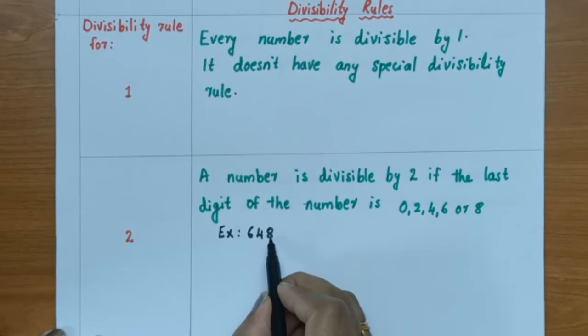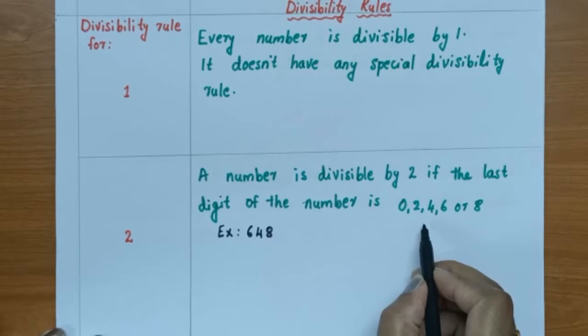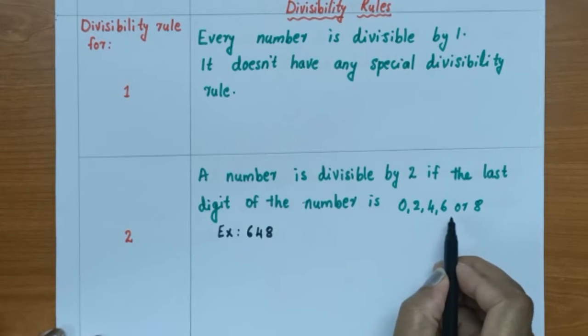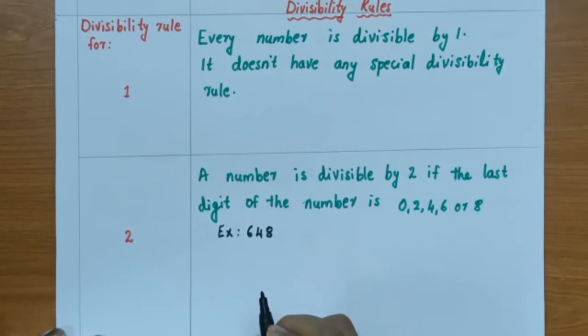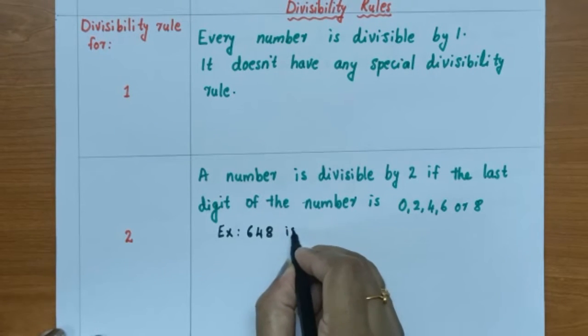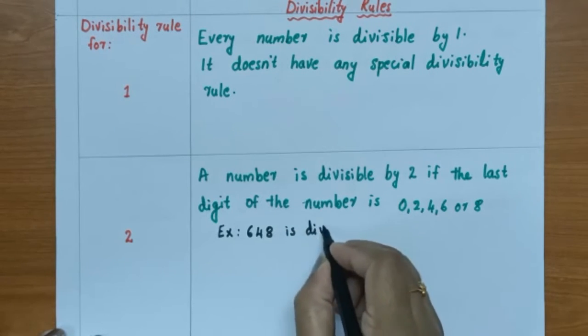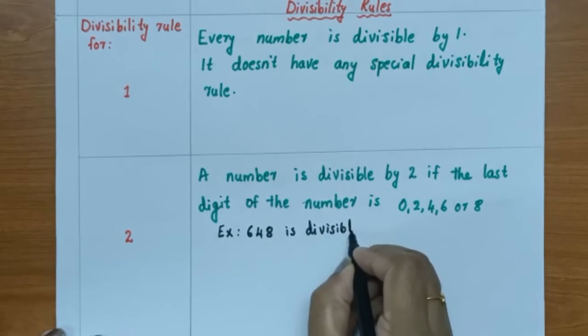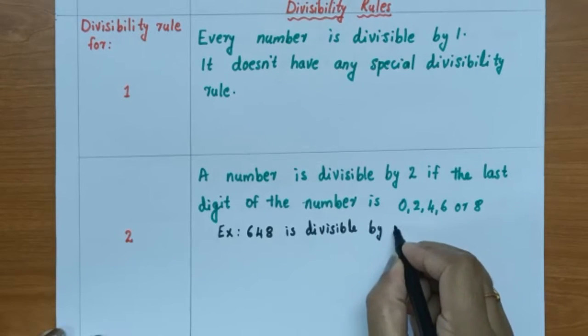Here the last digit of 648 is 8. When the last digit is 0, 2, 4, 6 or 8, it is divisible by 2. That means 648 is divisible by 2.